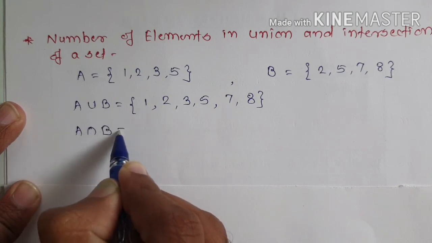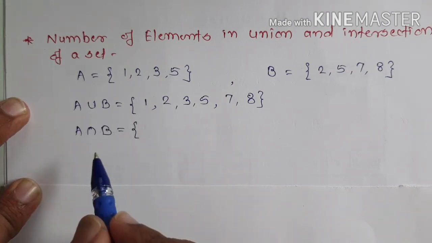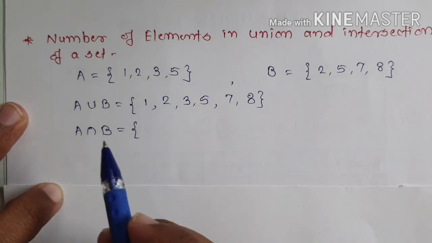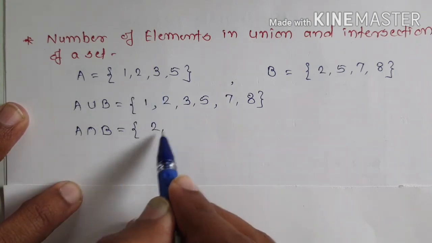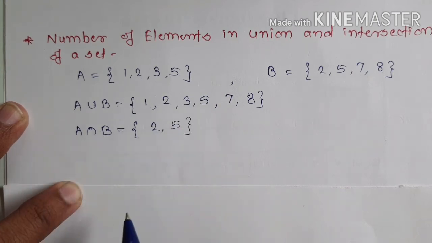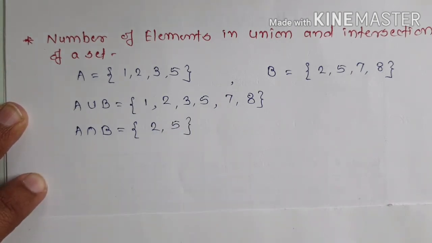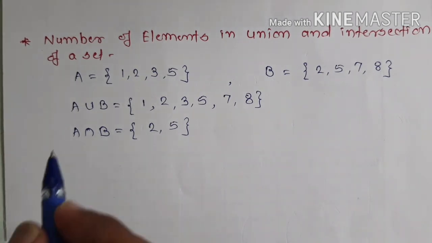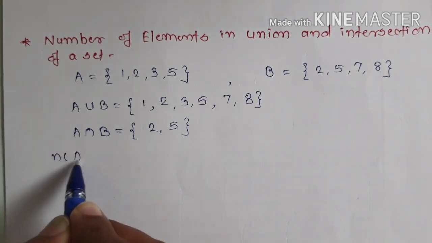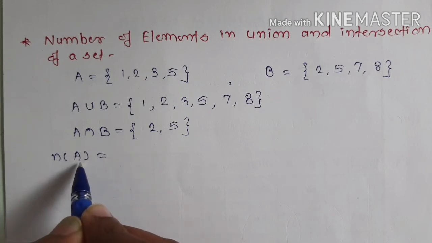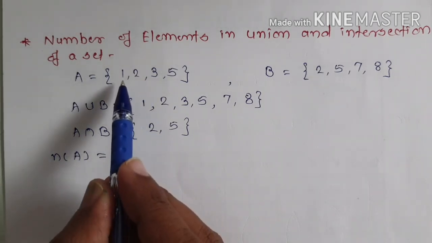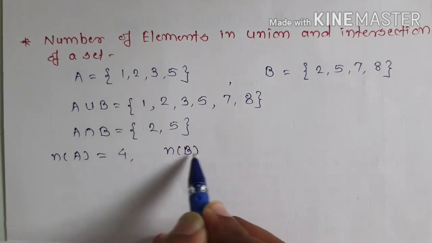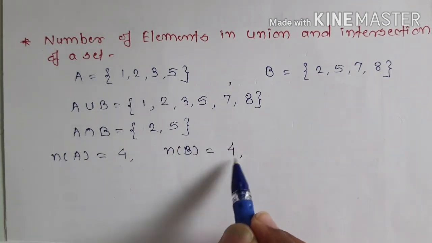Next we find the intersection of these two sets, that is the common elements that they have. There are only two common elements, 2 and 5. So this is A intersection B. Now if we count the number of elements in each set, n(A), the number of elements in set A, as we can count, is 4. n(B), the number of elements in set B, is also 4.